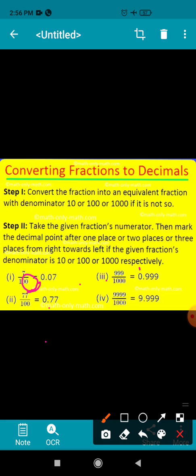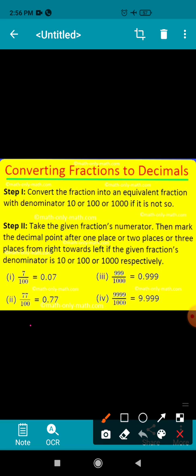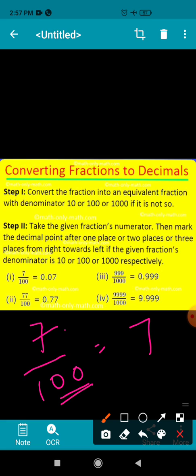So, 7 upon 100. Here you can see 2 zeros. So, you will put point before 2 digits. And here in numerator only 1 digit is present. So, you will write 0 before the number and put point. So, the answer will be 0.07 as you can see here.